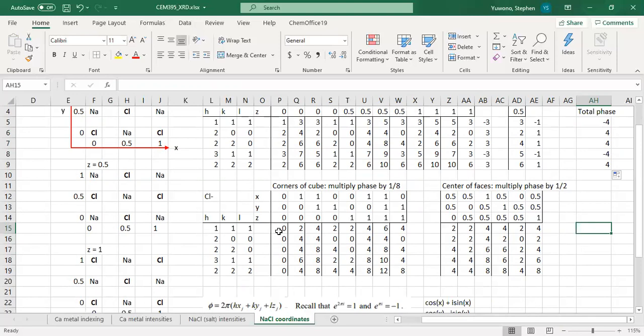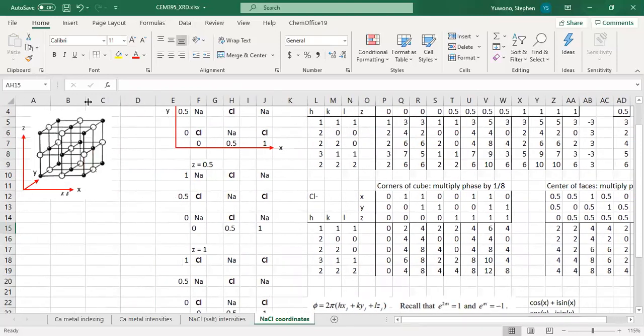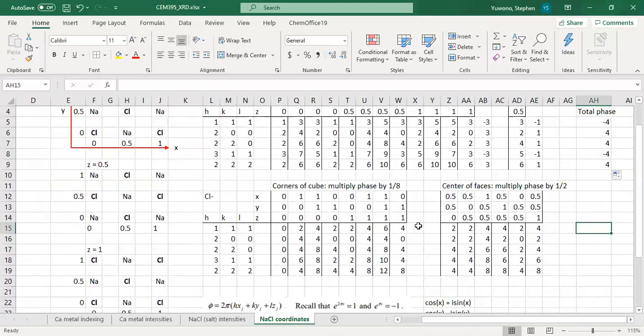Now here for the chloride, remember when we tried to do this assignment, I said that my Cl minus is going to be in the basic FCC. So it's going to be in the corners and the face centers. And as you can already see, everything gives us an even number for the exponent. So all of this will be plus, and then we just have to take care of how many atoms there are.